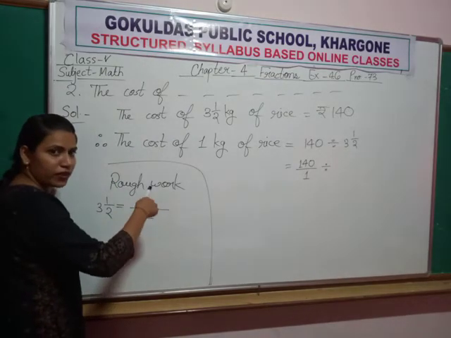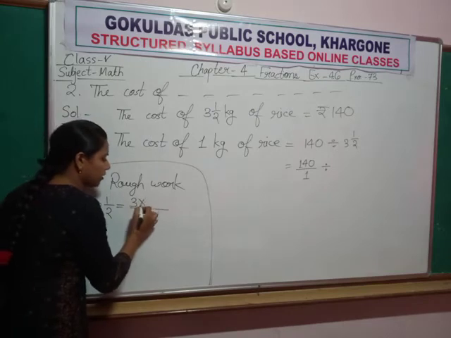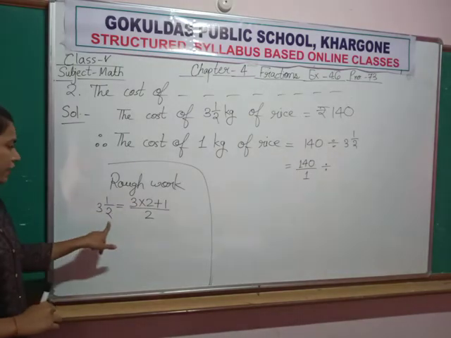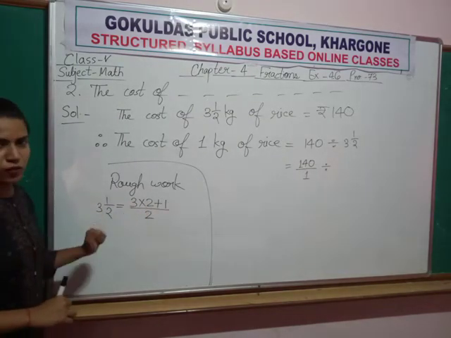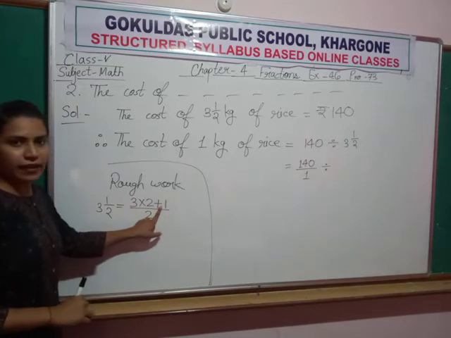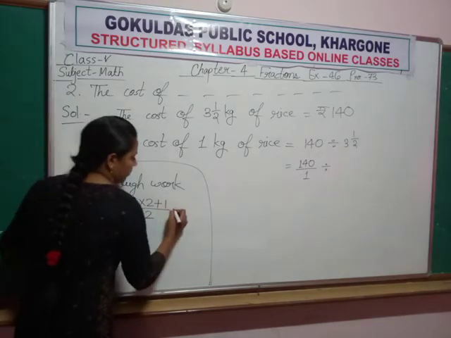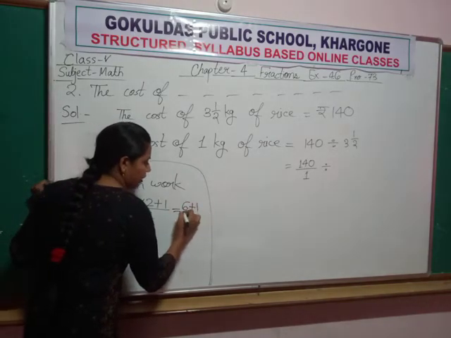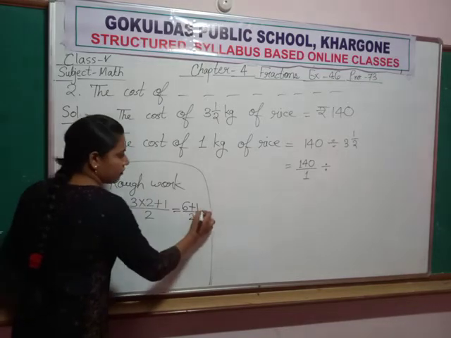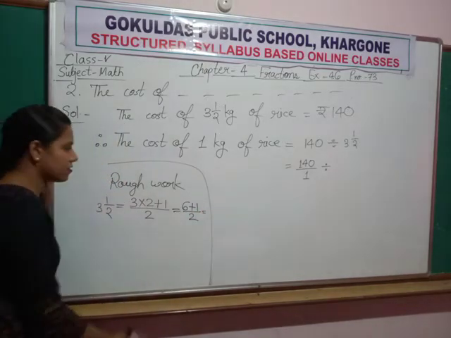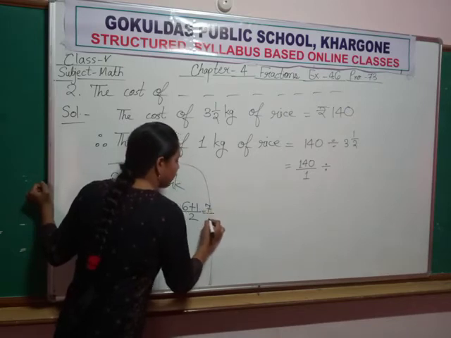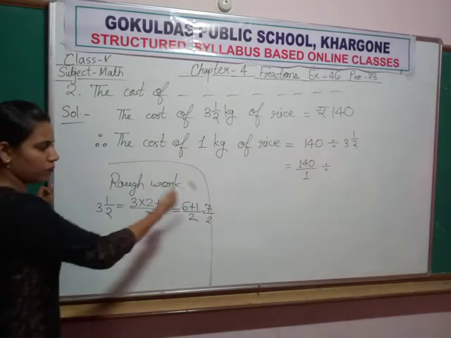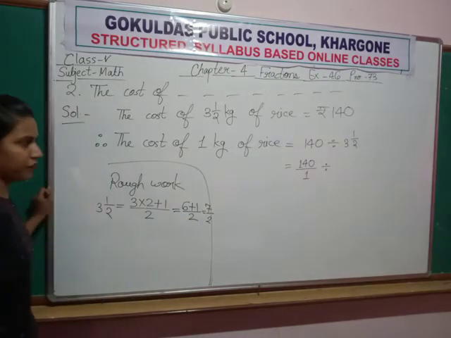And in the numerator part, we multiply the whole number with the denominator and then add the numerator. So here the whole number is 3 and the denominator is 2. So I multiply the whole number with the denominator and then add the numerator, that is 1. Now solve. 3 into 2 is 6 plus 1 upon 2. 6 plus 1 is 7 upon 2. So when we convert this 3:1/2 into an improper fraction, our result is 7 upon 2.